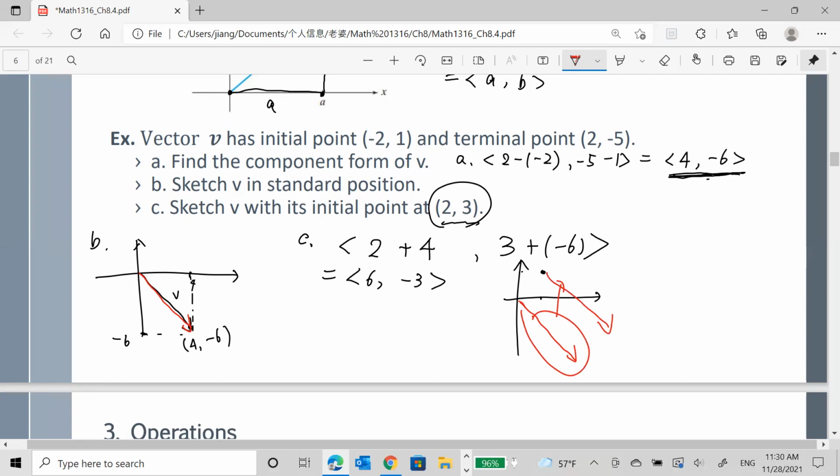How to move it to start from here with the same direction and same magnitude? Just add the vector based on the initial point 2 and 3. So at 2, you plus the 4, and at the point 3, you add -6.